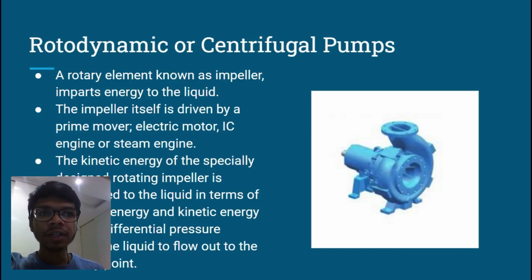The kinetic energy of the specially designed rotating impeller is transferred to the liquid in terms of pressure energy and kinetic energy, and the differential pressure causes the liquid to flow out to the delivery point. Centrifugal pumps are popularly also known as rotodynamic or dynamic pumps, and are used in many industrial applications. Nearly 75% of the pumps installed in industries are of centrifugal type.